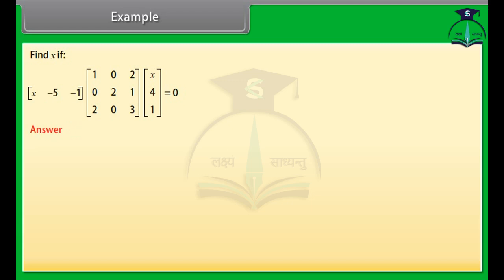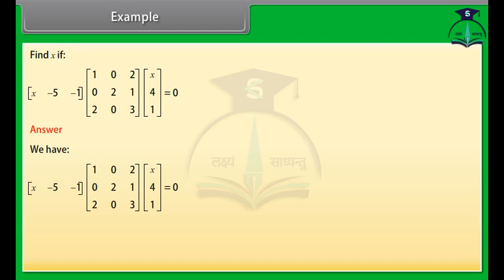Given that, we have [x −5 −1] multiplied by the matrix with rows [1, 0, 2], [0, 2, 1], [2, 0, 3], multiplied by the column matrix [x, 4, 1] is equal to 0.